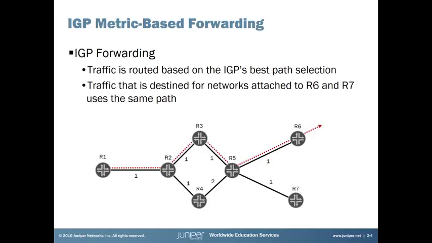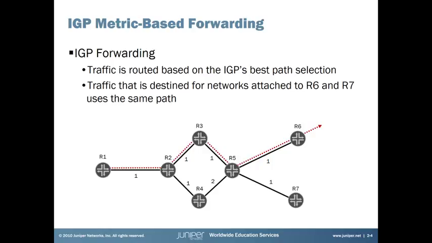Well, based on the IGP, traffic would come in on R1, and the IGP would select the same best path to R6 as to R7. It would go up from R2 to R3, down to R5, and then either out to R6 or out through R7, depending on what the egress router was.